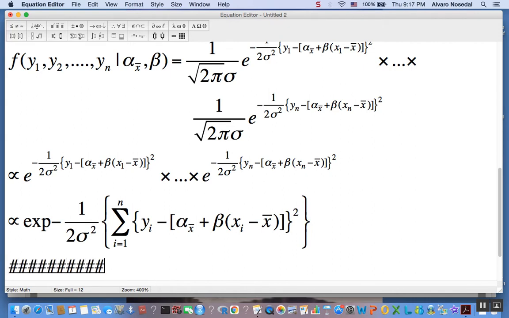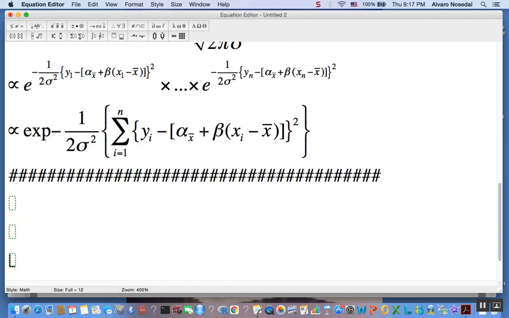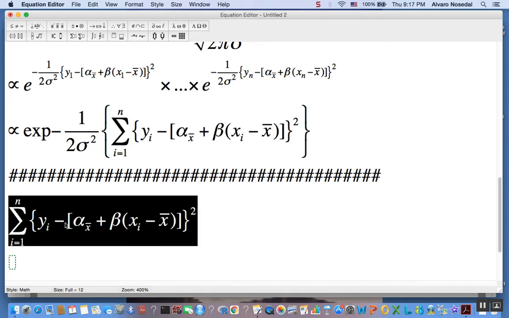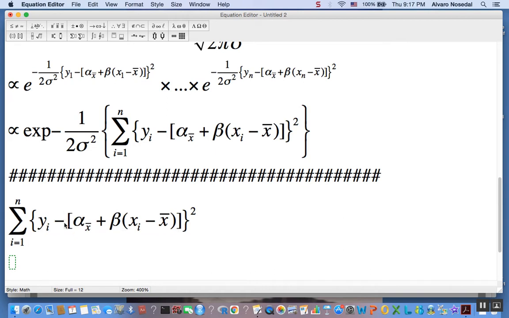What we're going to be doing here is doing a little bit of algebra with that exponent. The first thing that we're going to do is we are going to add a 0. Okay? So we have minus y bar plus y bar.